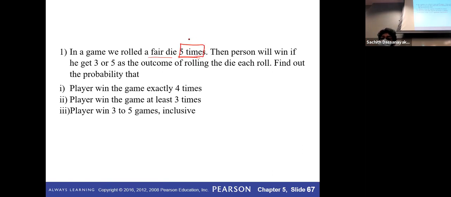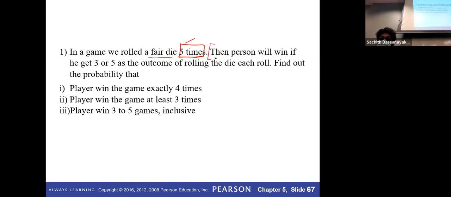which means we are repeating our experiment 5 times. I know at a time we have 6 possible outcomes, but give me a second. This is how we define what we need.